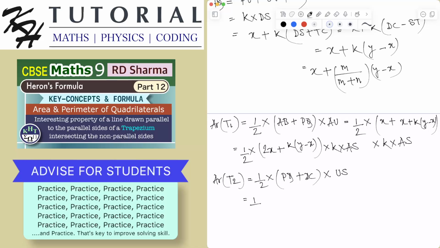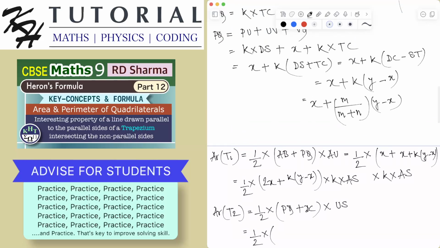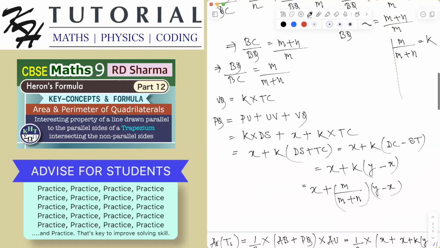This is equal to half, PQ was x plus k into y minus x, and we have plus DC. What is DC?